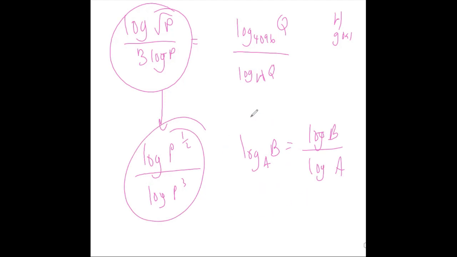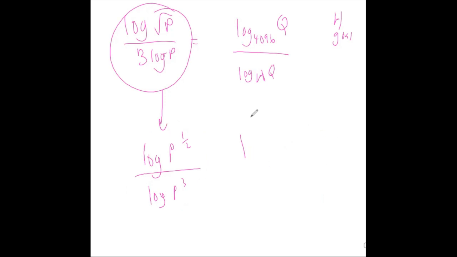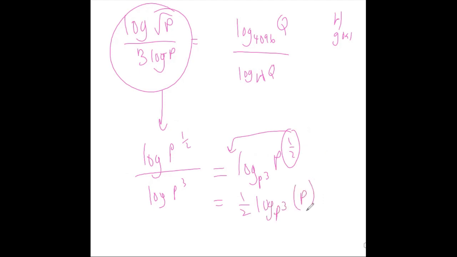So if I do that property, this fraction would then say log base p cubed of p to the 1/2 power. But we could take the 1/2 and move it out to the front. So we'd have 1/2 log base p cubed, and then here it's just p. Now, how about I throw a power 3 and then a 1/3? Now let me send the 1/3 to the front to multiply with the 1/2 to turn it into 1/6.